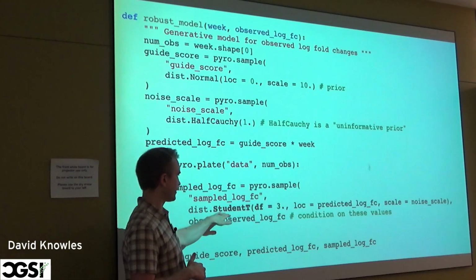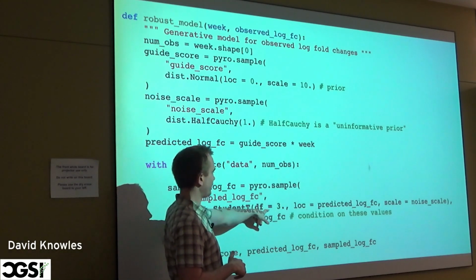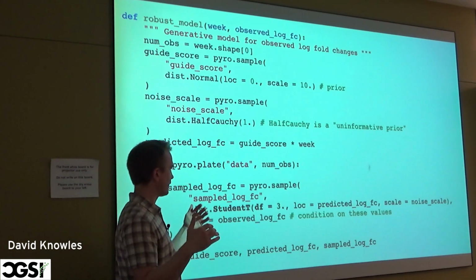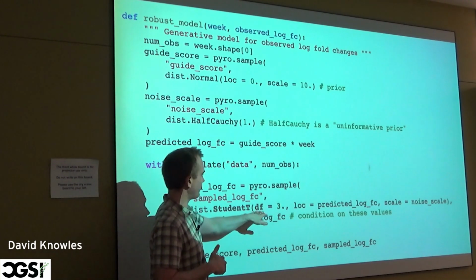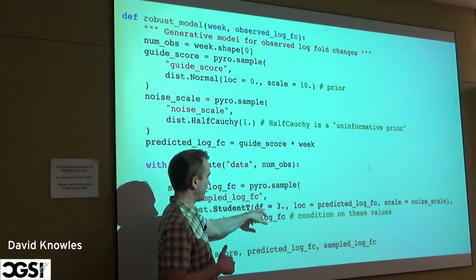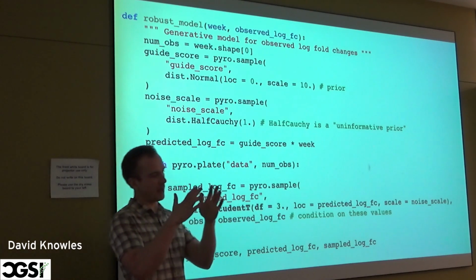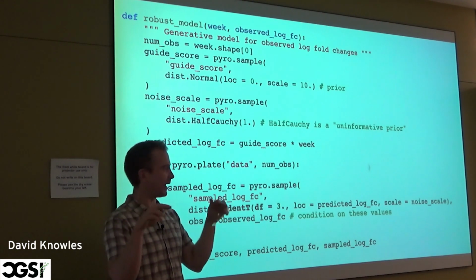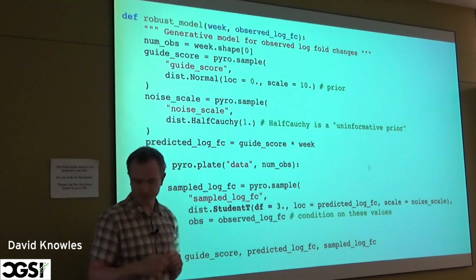If you take the degrees of freedom to infinity, you get the Gaussian distribution back. But with smaller values you get a distribution with much heavier tails, and so the model is less surprised by things that look like outliers.